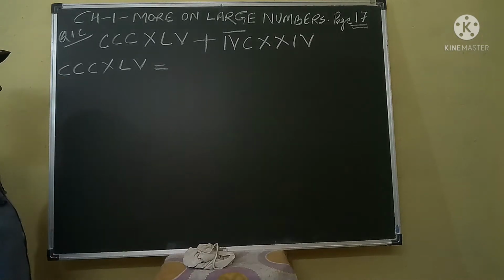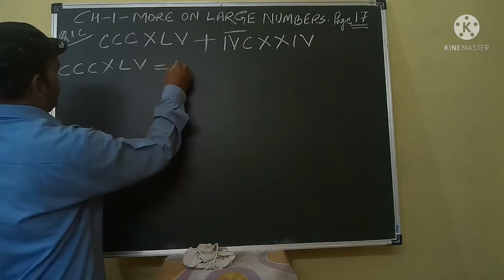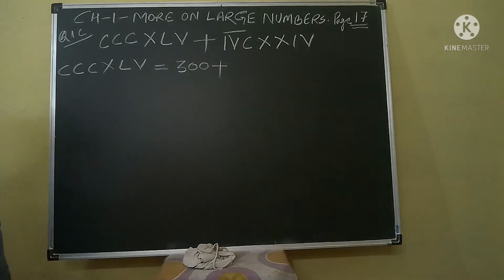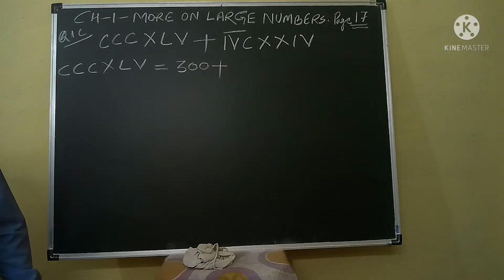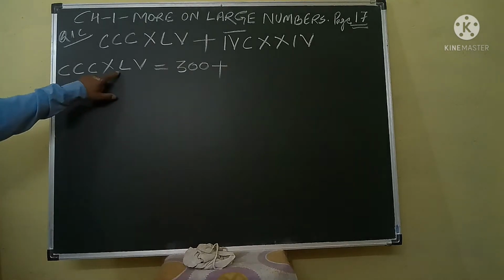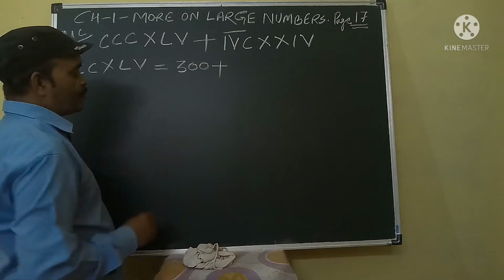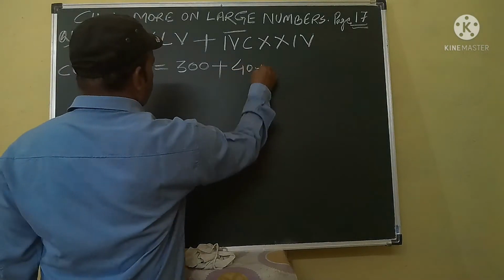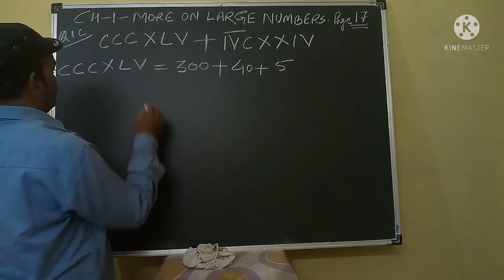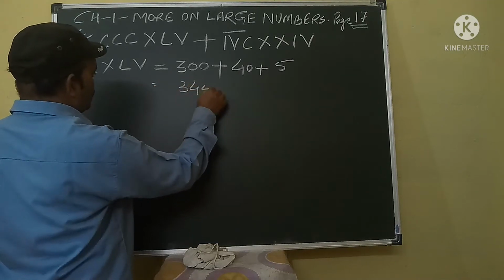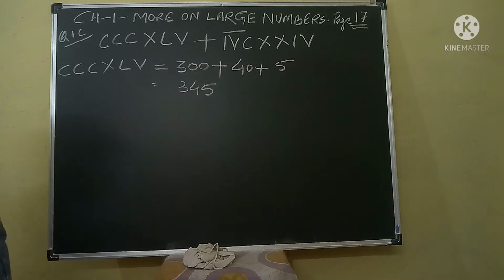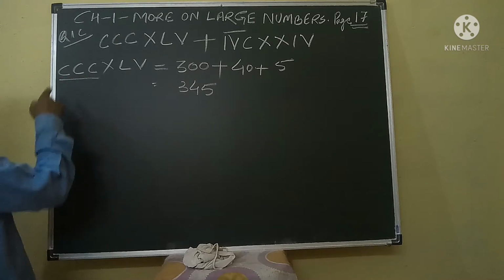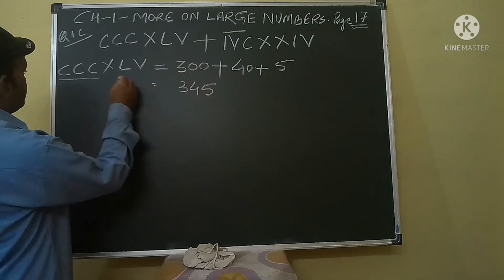C is the symbol of 100. C is in 3 times, so it will give you 300 plus XLV.